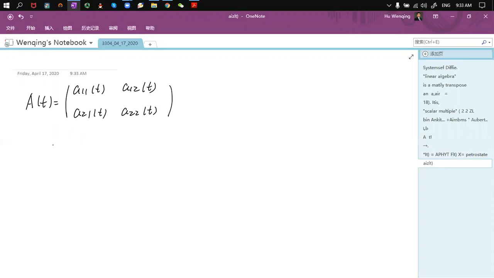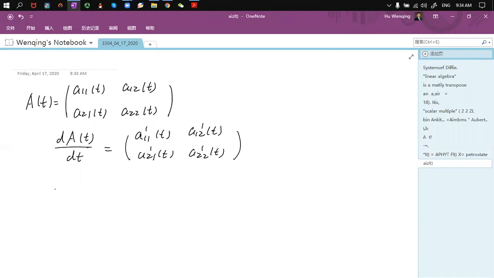I would like to consider the derivative of that matrix function, dA over dt. Then you're going to just say a11 prime of t, a12 prime of t, a21 prime of t and a22 prime of t. You just take the derivative term-wise. And as we said before, what's the integral of A dt?